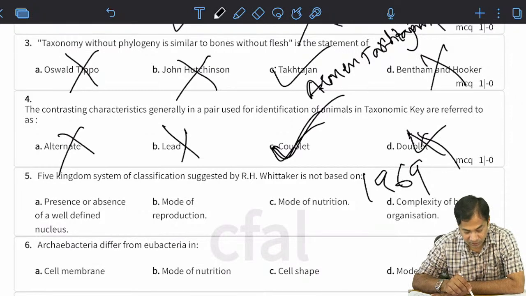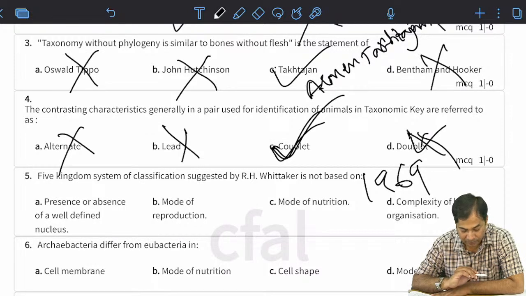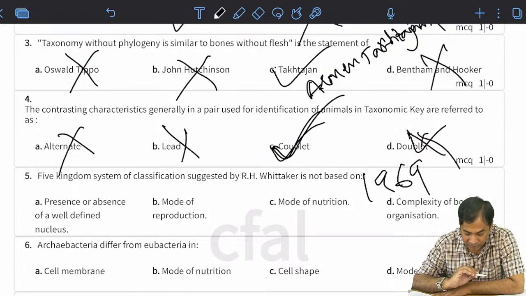Mode of reproduction. Mode of reproduction is considered? If you remember the table given in the NCERT textbook, the type of reproduction is not at all mentioned there.